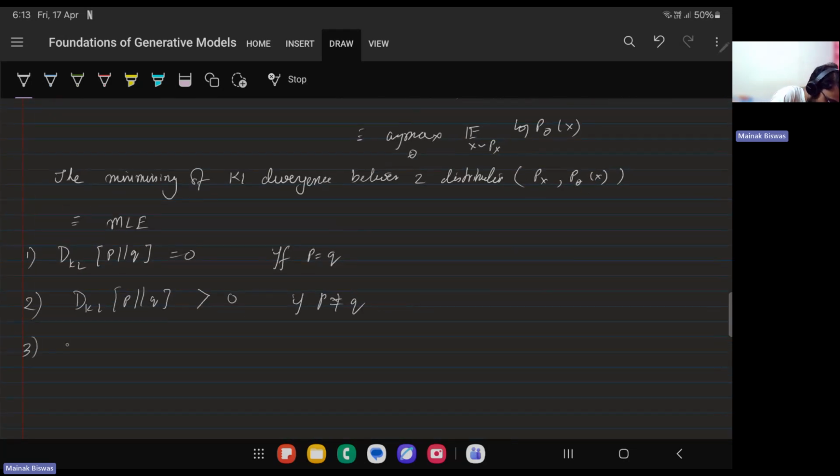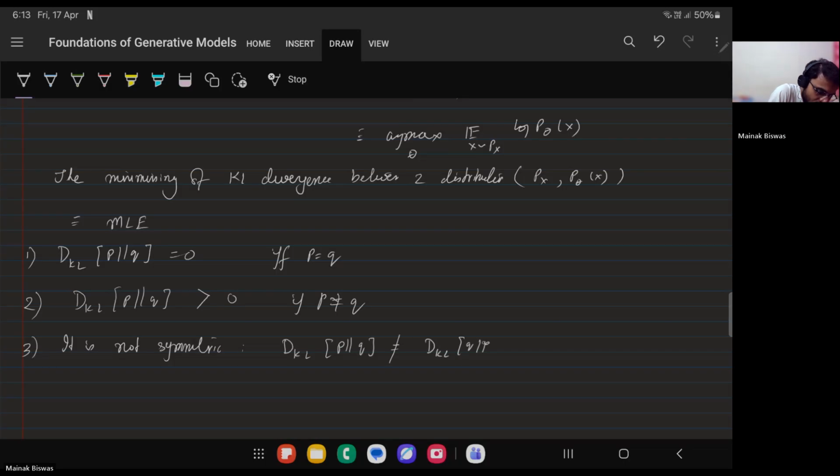And the third property, it is not symmetric. That is dKL of PQ is not equal to dKL of QP.